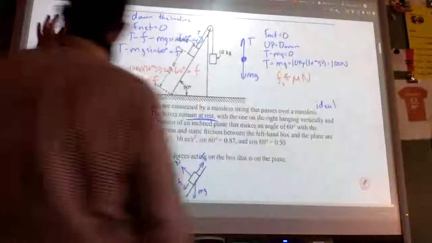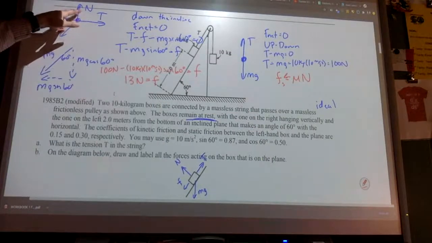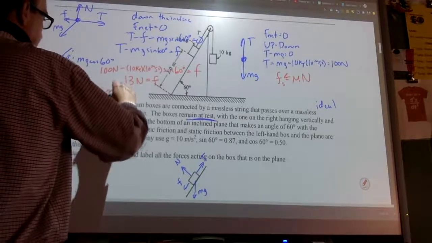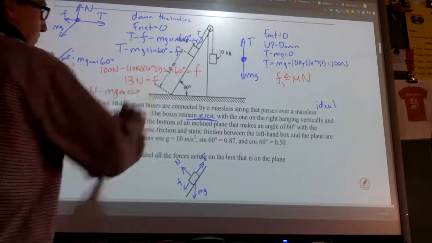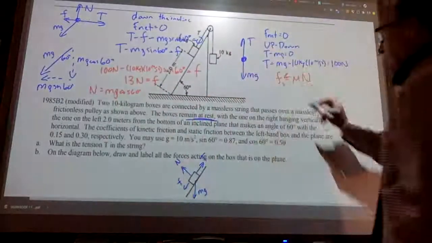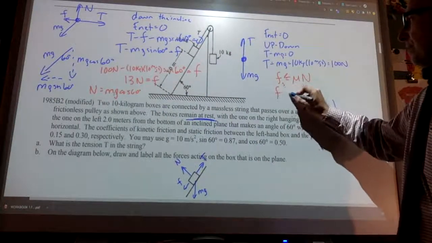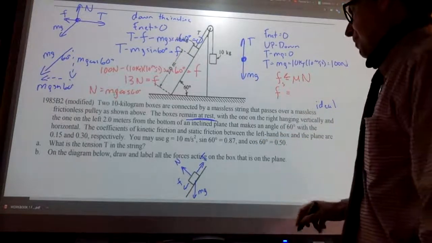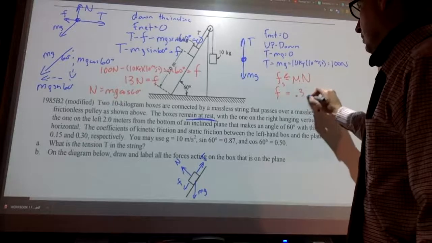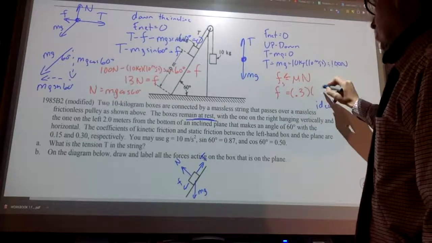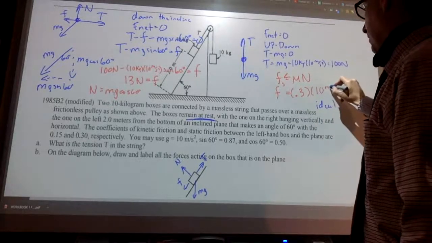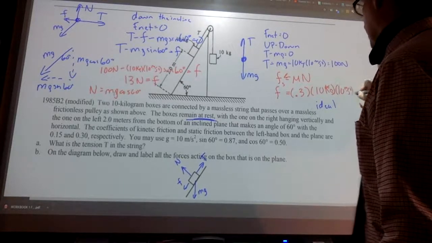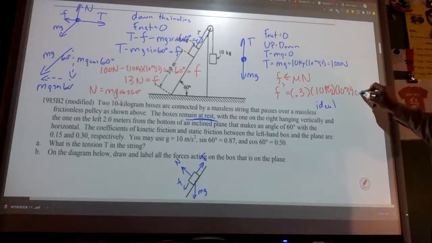Well, in the y direction, Fnet is also equal to 0. So I know that N is equal to mg cosine 60. And so if I plug in my mu, which is 0.3, and my N, which is going to be mg cosine of theta, I have 10 kilograms, so 10 meters per second squared first, cosine 60.